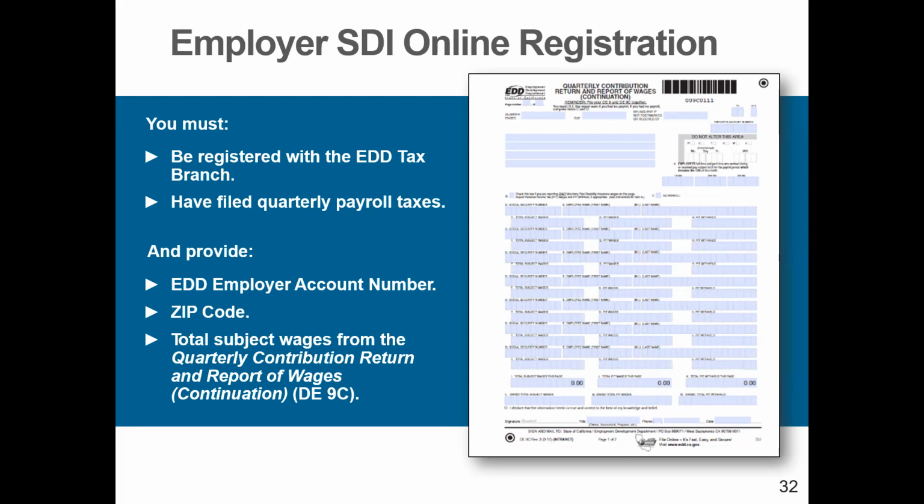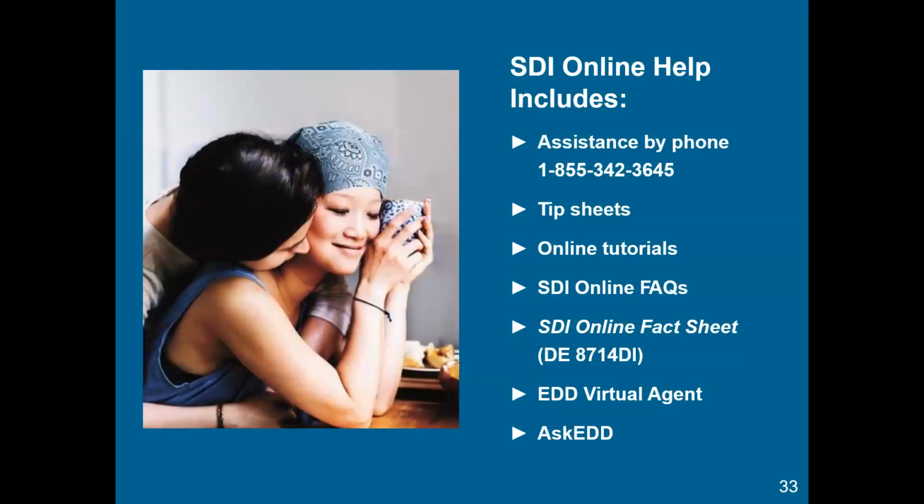And then you're also going to be asked the total subject wages from the most recent quarterly contribution return and report of wages form, which is that DE 9C. A lot of you guys are very familiar with that. So you have to provide that number, the total subject wages, as part of the registration. And if that number doesn't match, you'll get an error and you won't be able to complete your registration. So all of this is stuff that you'll need handy.